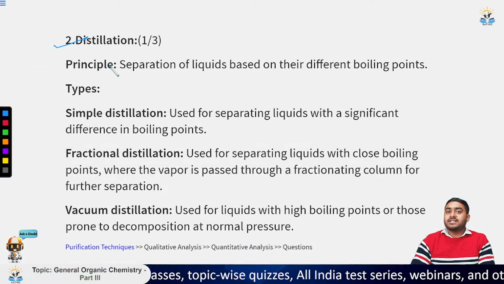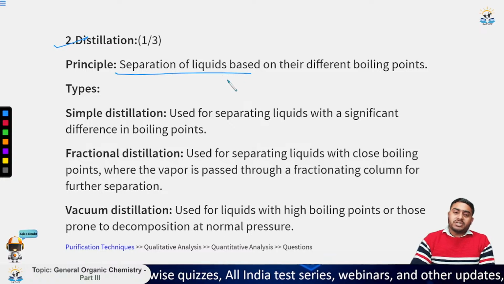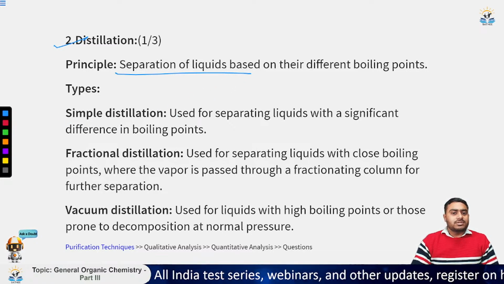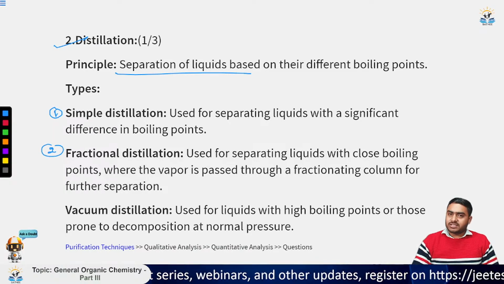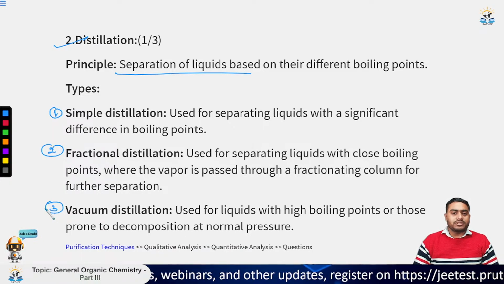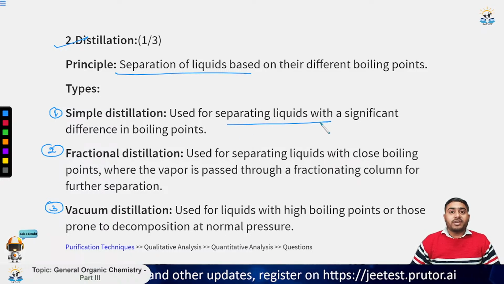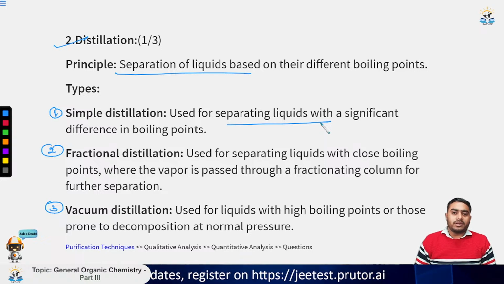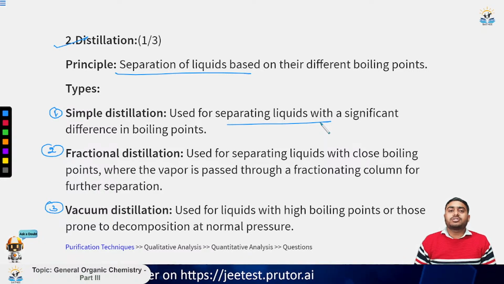Next technique is the distillation technique. Principle: it is used for the separation of liquids based on their different boiling points. What are the types? First type is simple distillation, second is fractional distillation, third is vacuum distillation. Simple distillation is used for separating liquids with a significant difference in boiling point, like 100 degrees Celsius and 60 degrees Celsius.